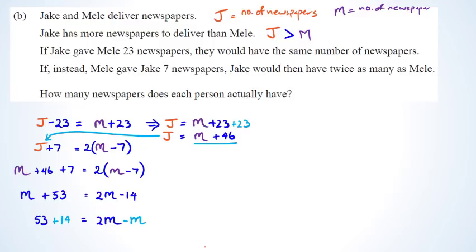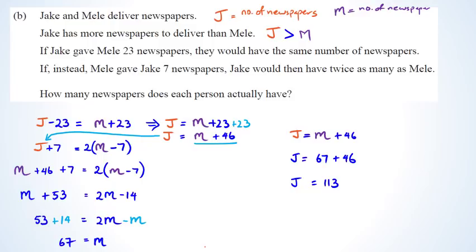So 2M minus M is M, 53 plus 14 is 67. So we've just figured out what Melee's papers are, which is 67, which means to figure out what Jake's is, we know that Jake is equal to M plus 46. And because we figured out Melee's is 67, we've got 67 plus 46. So Jake actually delivers 113 newspapers.